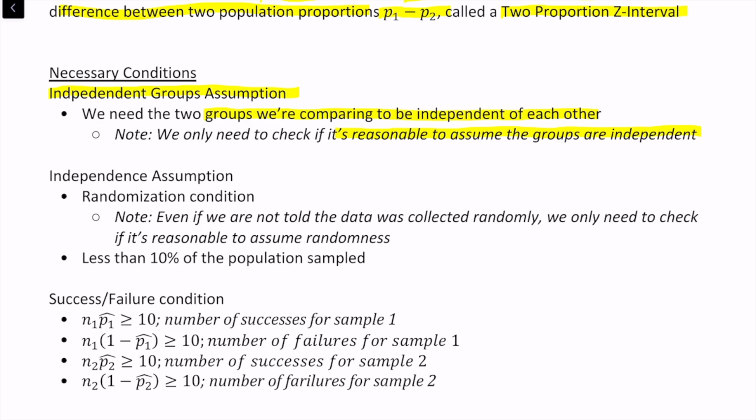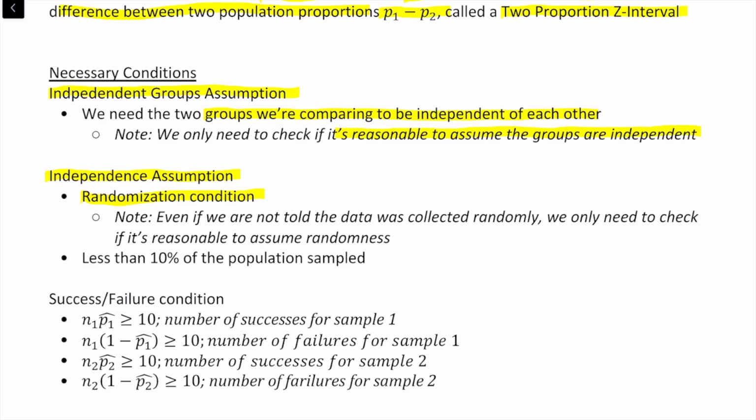So we need independence between the groups, and we also need independence within the groups, an assumption we're very familiar with. There are two touch points for independence within a group. First, randomization: if we collect the data randomly, that helps with the independence assumption.